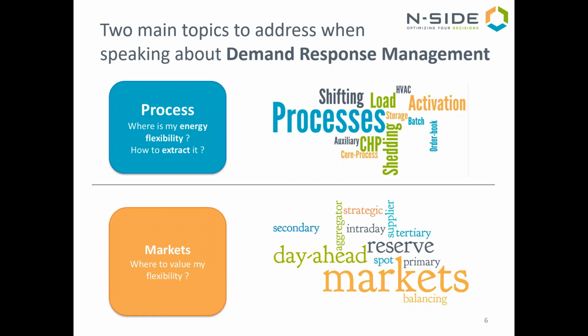What are the constraints behind this energy flexibility blocking me from operating my flexibilities? And then the second question after that is, okay, now that I have my flexibility identified, where can I valorize it? And what is the value I can generate from my energy flexibilities?